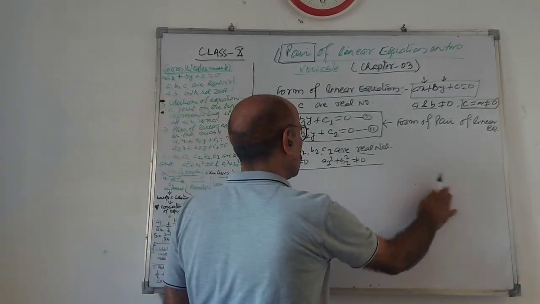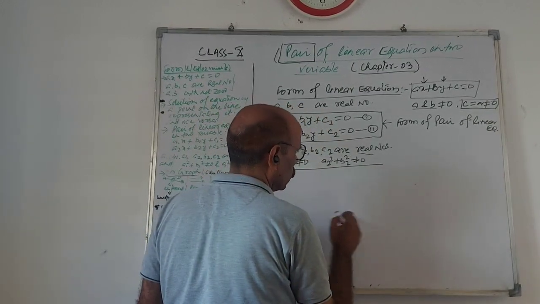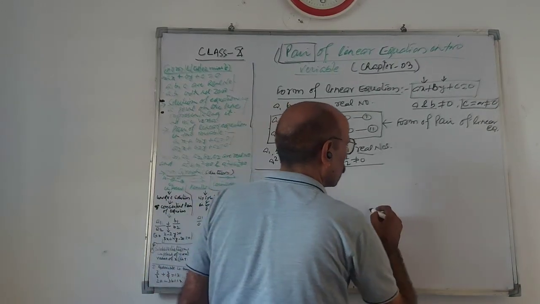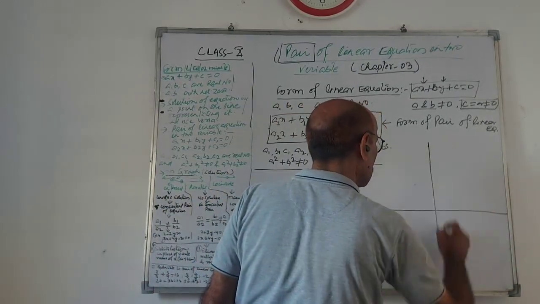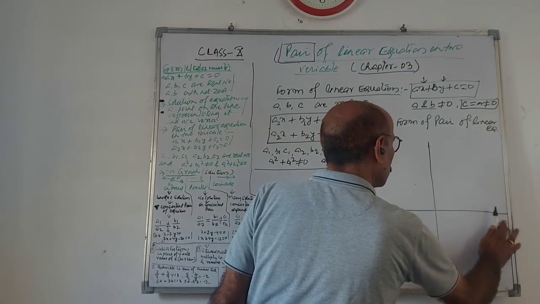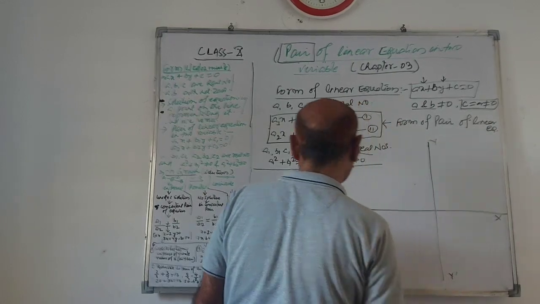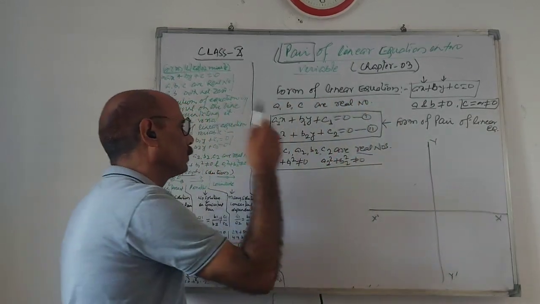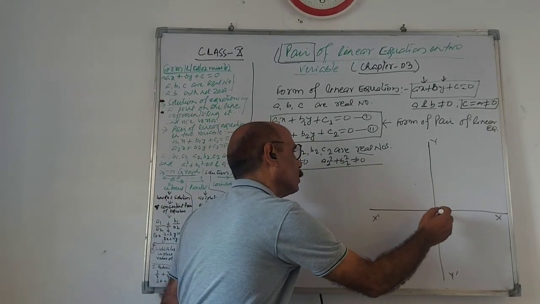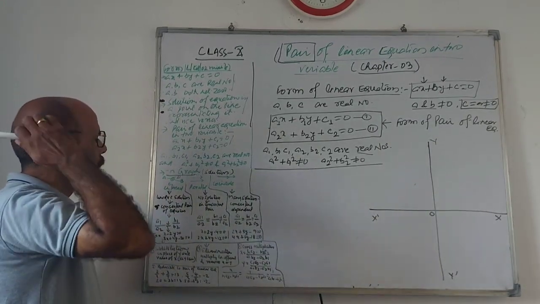Okay, suppose this is the graph sheet, and this is x, this is y, x dash, x, y, y dash. Like this, if the graph sheet is there, this is 0, 0.